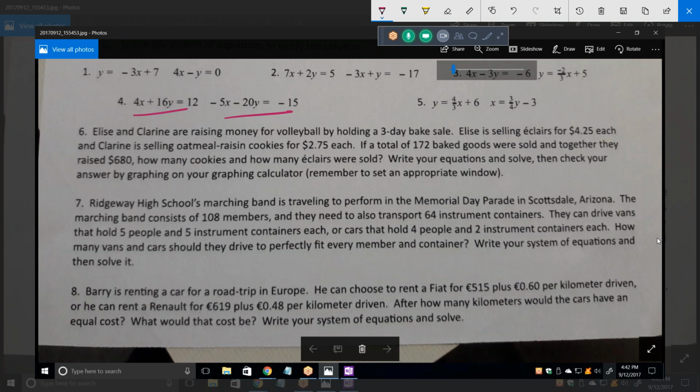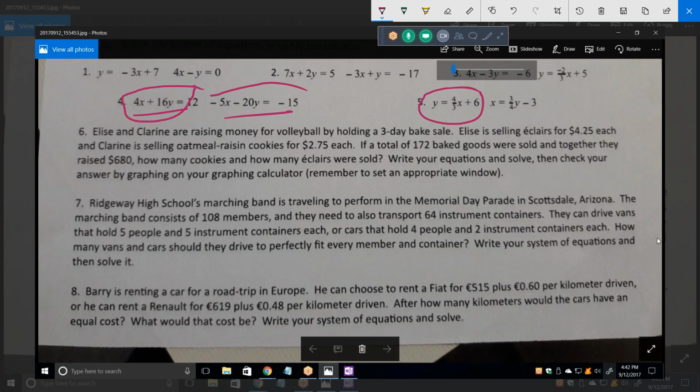What am I going to use for number 5? Substitution or elimination? Notice, as long as you have one equation defined in terms of one variable, you always want to use substitution. Always. You don't have that here.